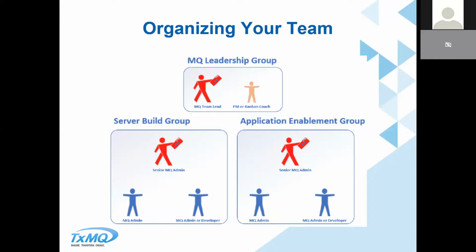an application enablement group. And this is always subject to debate, because especially with DevOps, people are more inclined to say that people should be able to work in either camp, whether it's a server build group or an application enablement group. They should be able to work one day in the server build group and then another day in the application enablement group.